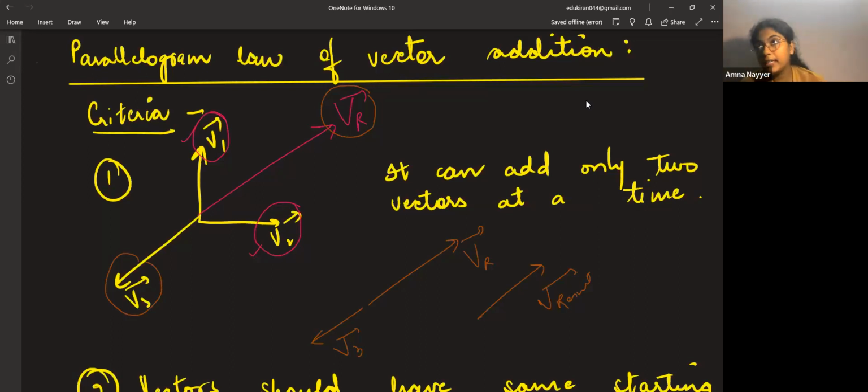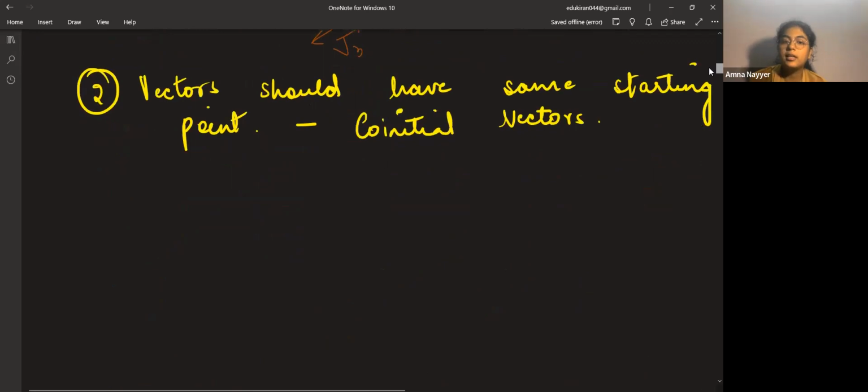Then we discussed anti-parallel vectors, parallel vectors, equal vectors, negative vectors. One type of vector that was left and yet to be discussed is coinitial vectors. Remember I told you, this is how we represent a vector. This is the head, this is the tail.